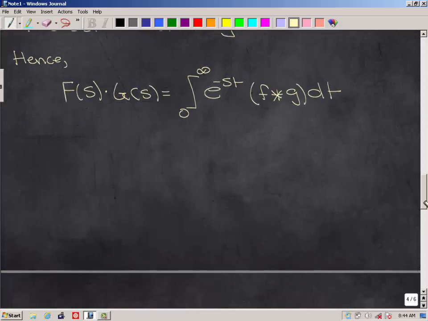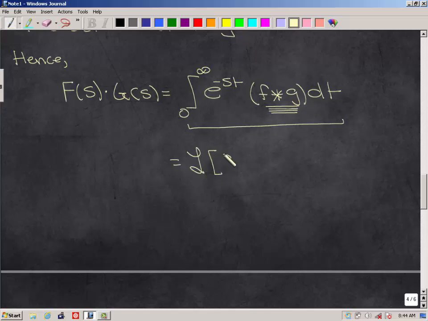If you look at this new integral, that is exactly the integral we would have if we were taking the Laplace transform of this function. So we can write it that way. We can go Laplace transform of f star g.